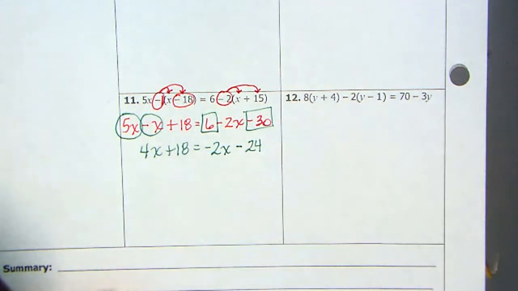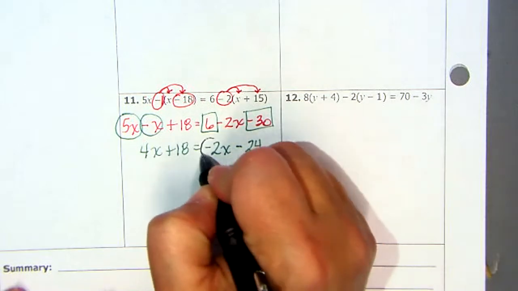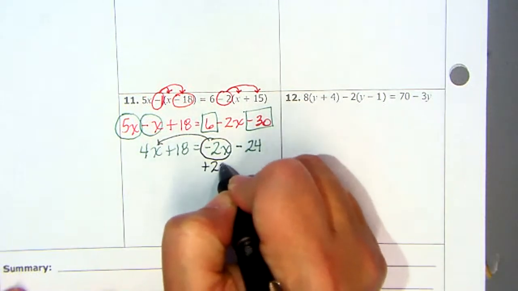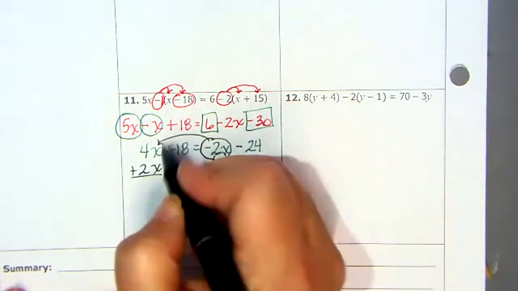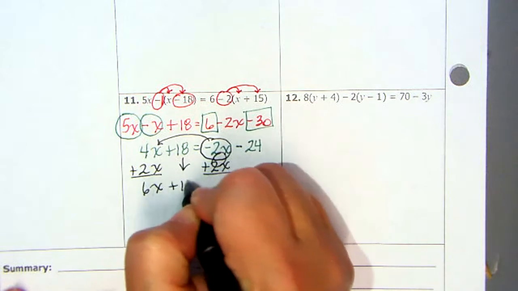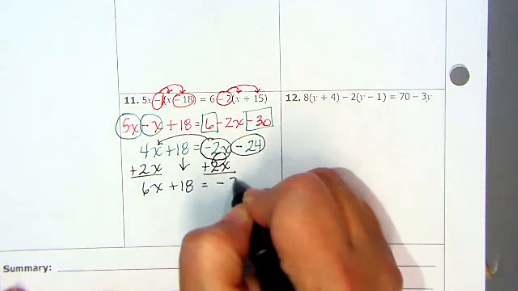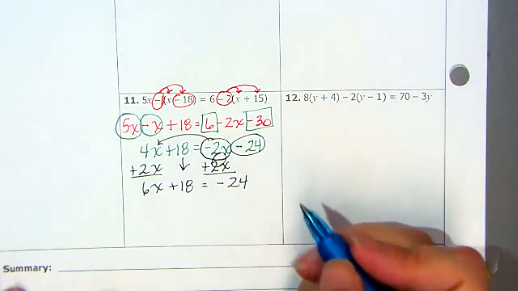Now it looks like the problems we've been doing. So I'm going to move the negative 2x over here. So I'm going to add 2x to both sides. It zeroes out, and I have 6x, bring this down, plus 18 equals, remember that's a negative 24. And now we solve.